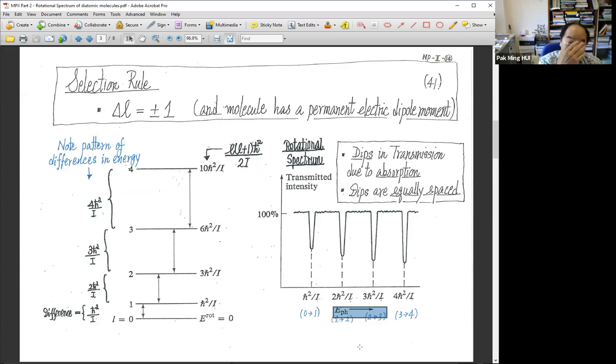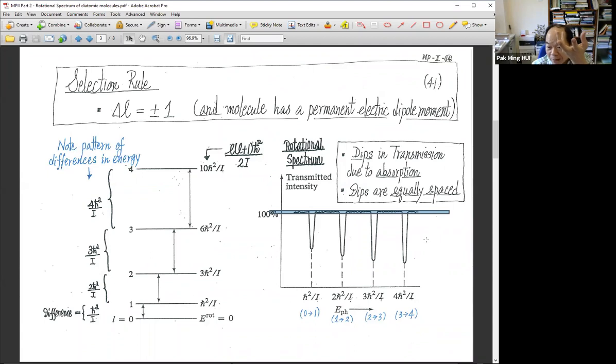Okay, you shine in such energy, microwave range, and you will see some regular absorption. Okay, now this is the transmission. If you don't have anything, it will be perfectly transmitted. If your jar, the sample, has nothing, come in, go out, total transmission.